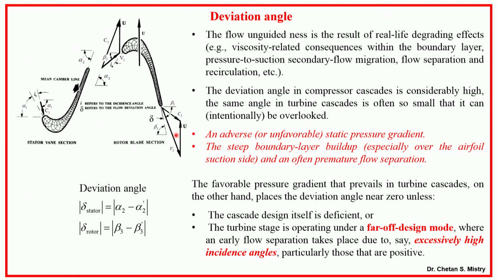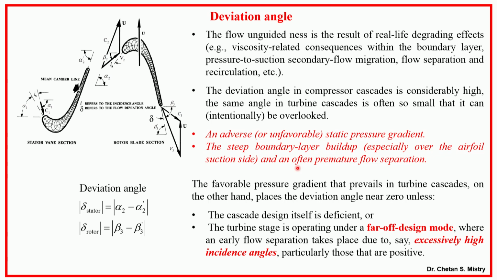Now, in order to accommodate that, as we discussed in the morning for the axial flow compressor, we were discussing the deviation angle. What we have observed is that we have an adverse pressure gradient working, so a steep boundary layer builds up, and often it gives premature flow separation.